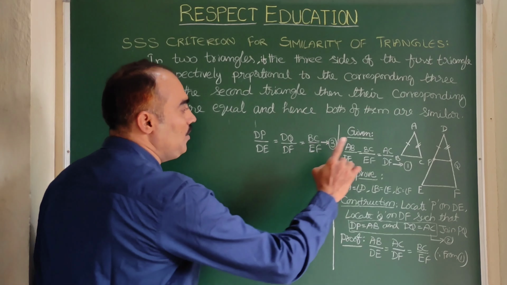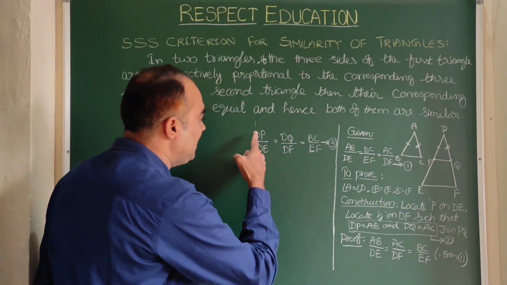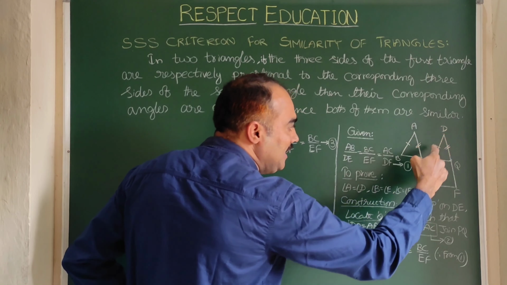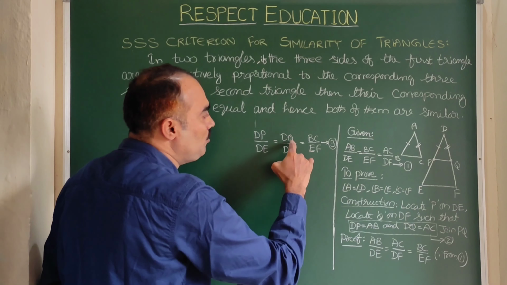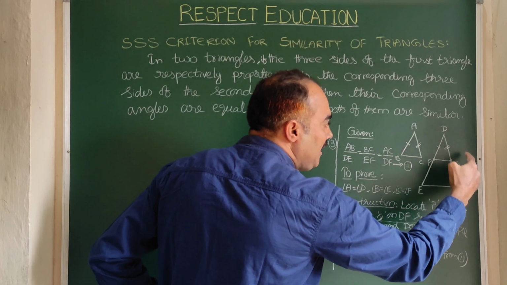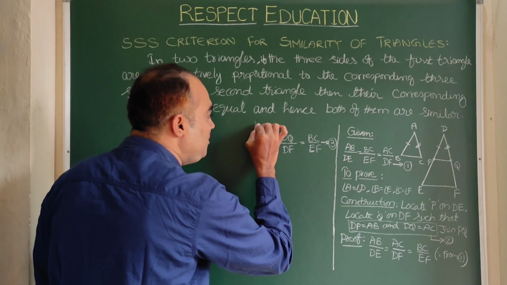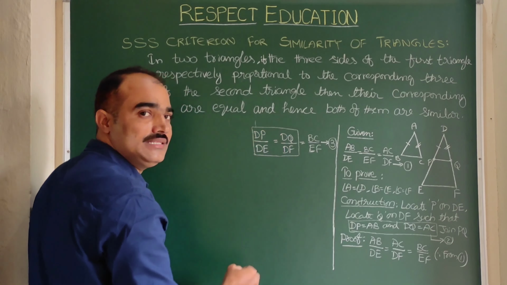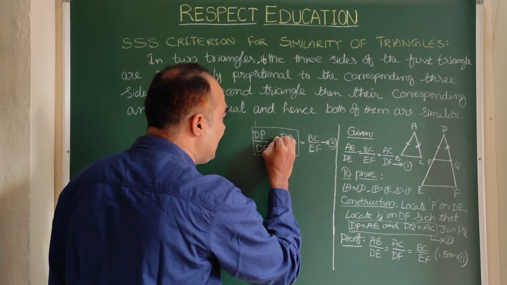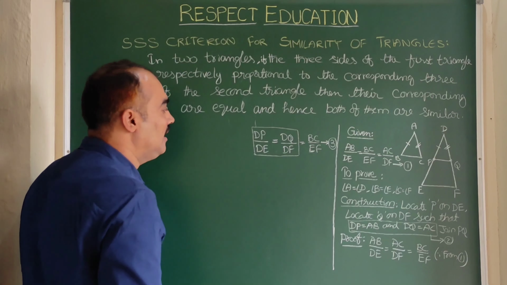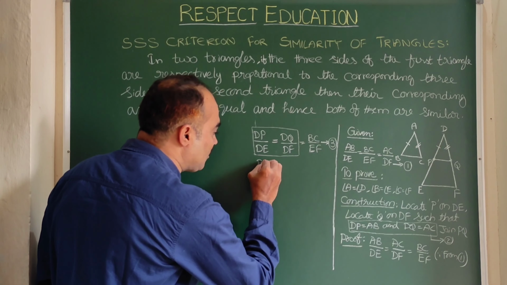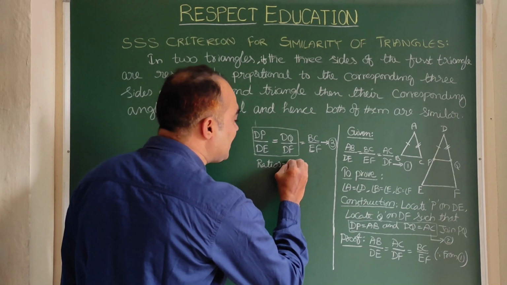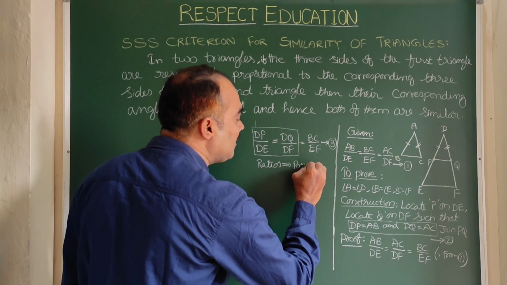Now you observe from the triangle DEF, DP by DE is equal to DQ by DF. Here, looking only at this case, you can easily understand that the ratios are equal. When the ratios are equal, then the corresponding lines are parallel.